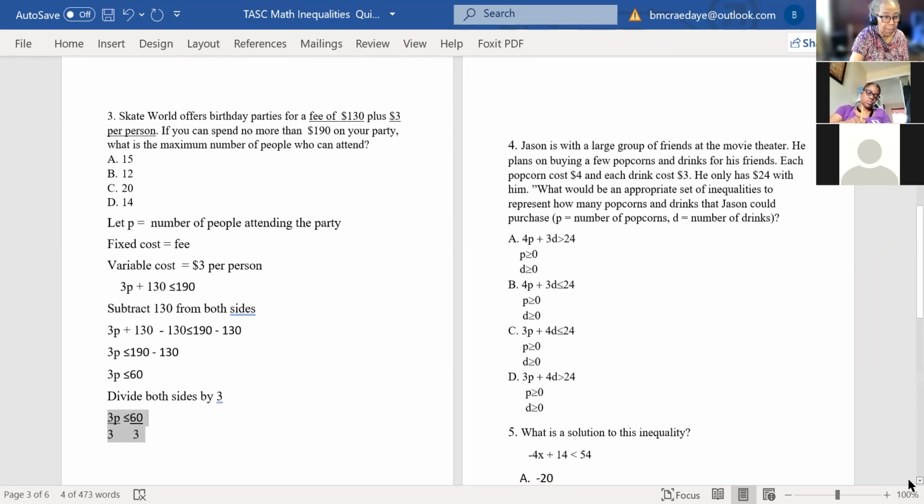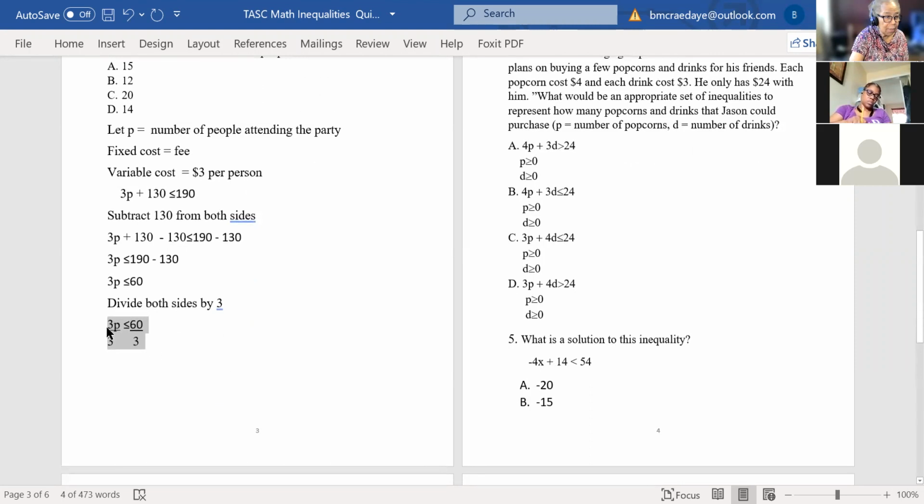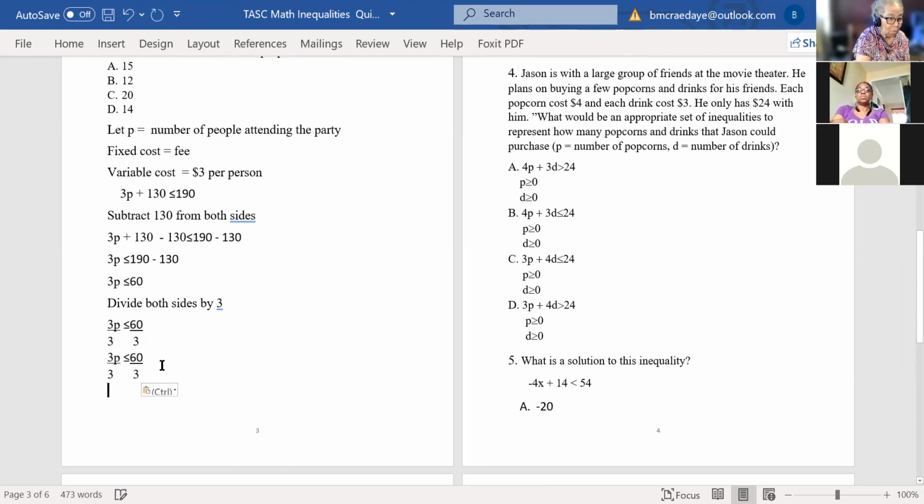Okay. So now, what is that telling you when you say P less than or equal to 20? This is just P, and this is 20. Maureen, what is that telling you? It's less than.